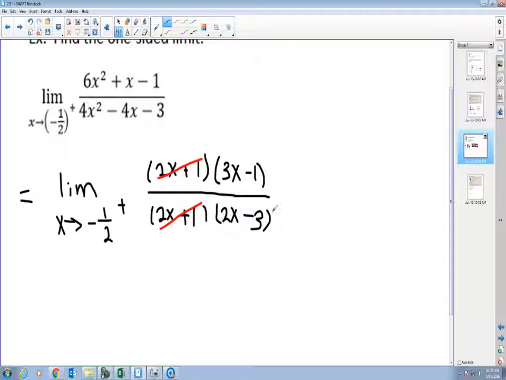So my redefined function will be the limit of 3x minus 1 over 2x minus 3 as x approaching to negative half on the positive side.